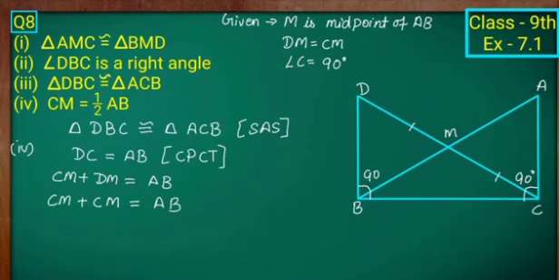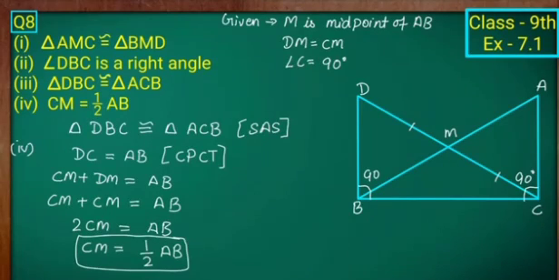So CM plus CM equal to AB, 2CM equal to AB. From that, you can say CM equal to 1 by 2 into AB. That's it. So fourth part over.